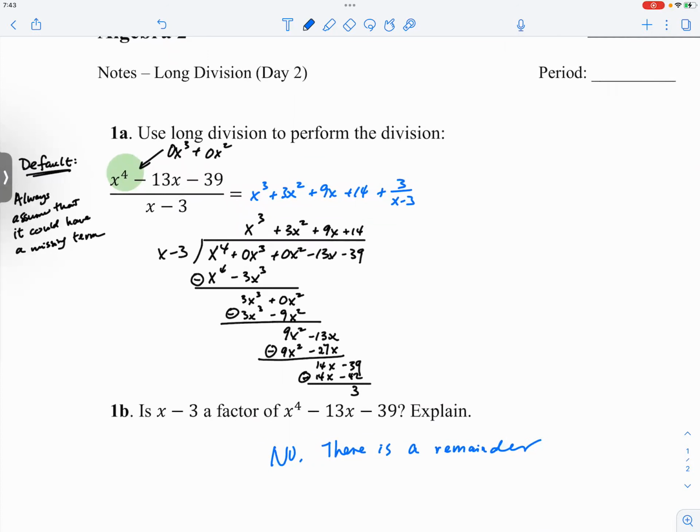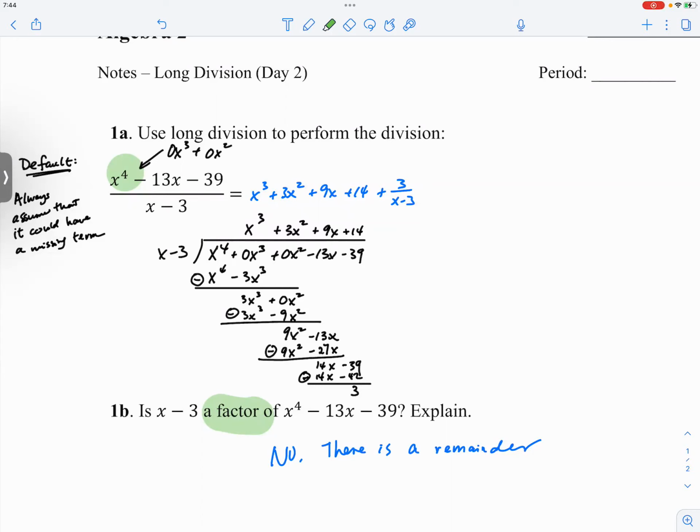So we're going to see this quite a bit. Okay. So again, something that took some time to kick in my mind is the understanding of what a factor is and how it relates to what we did back in elementary school or middle school. If it's a factor, the remainder should be 0.